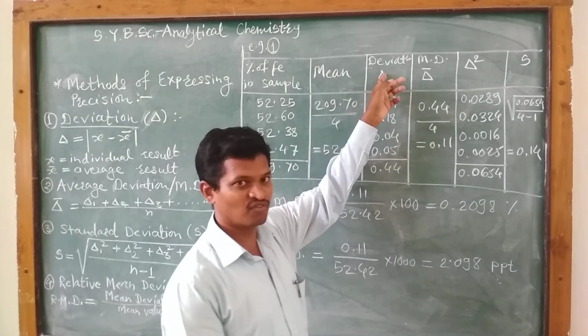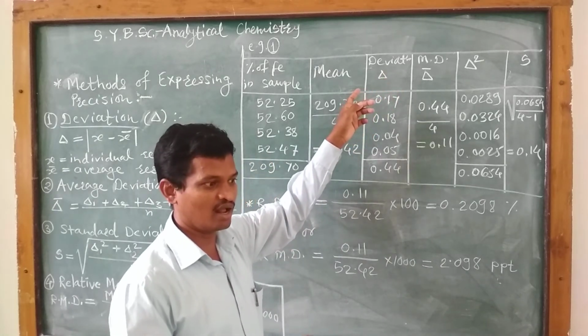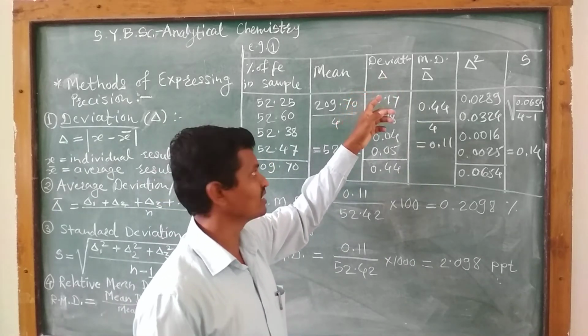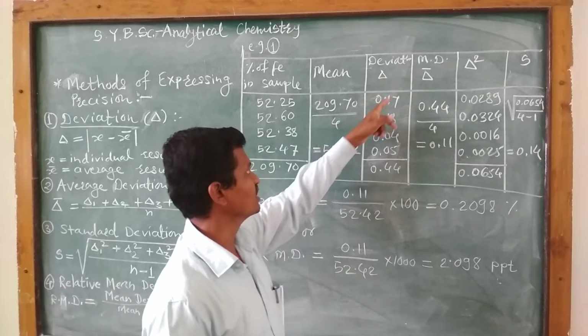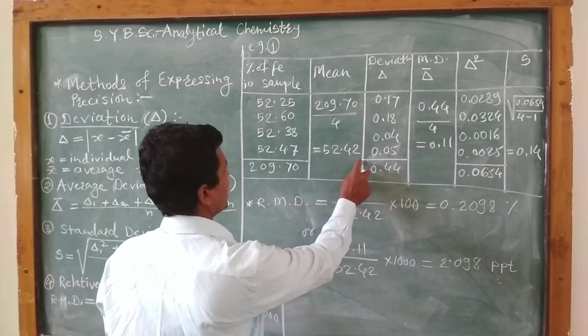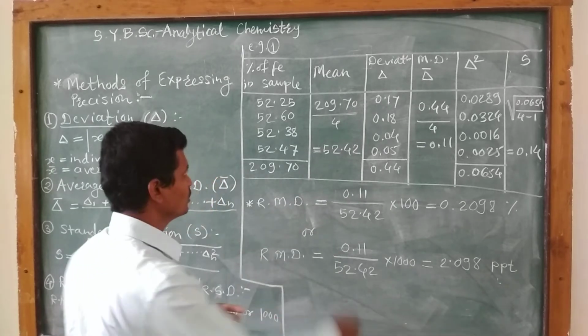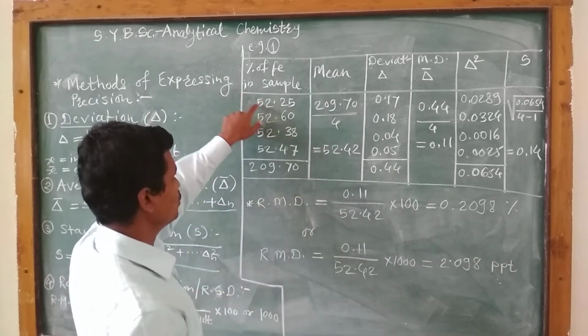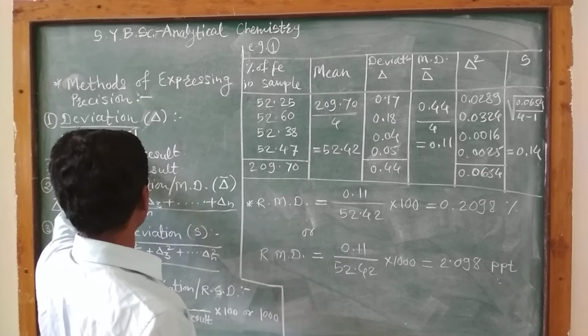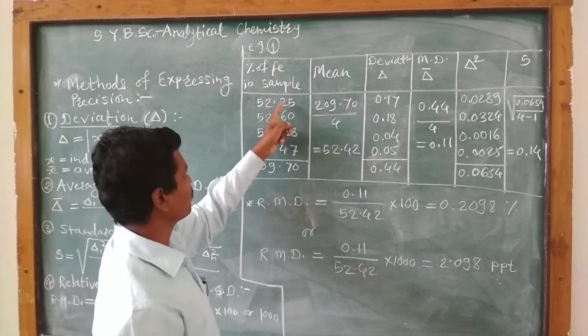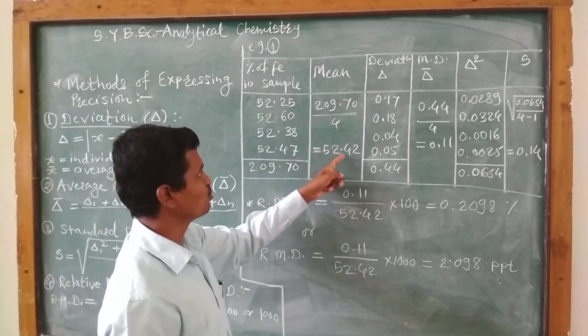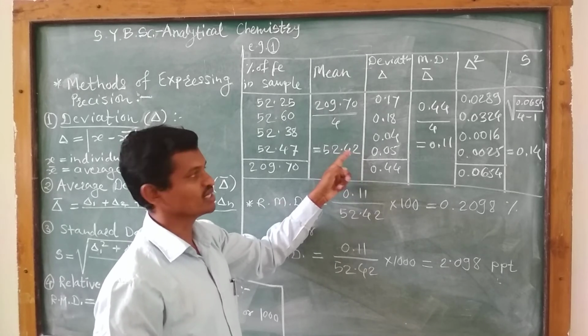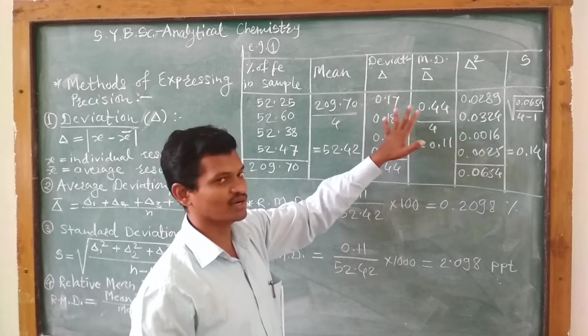Then our first task is to calculate the deviation. What is deviation? This is the mean value and this is the individual value. So delta is equal to x minus x bar, meaning 52.25 minus 52.42. The answer is minus 0.17.